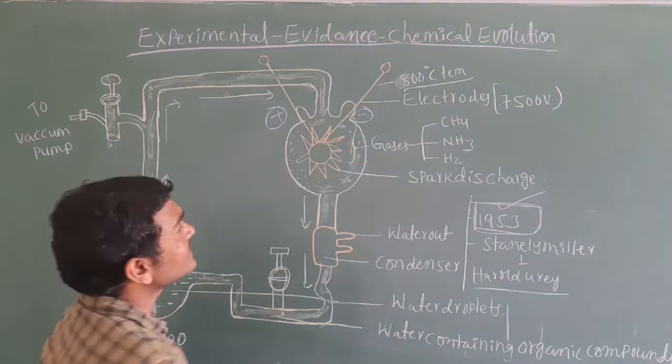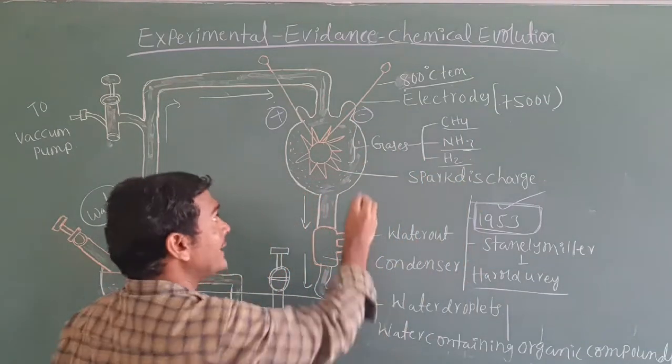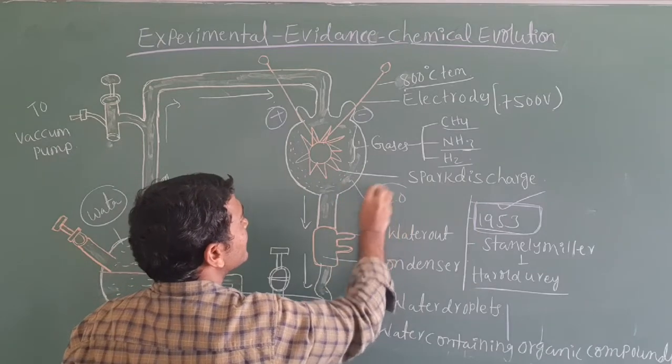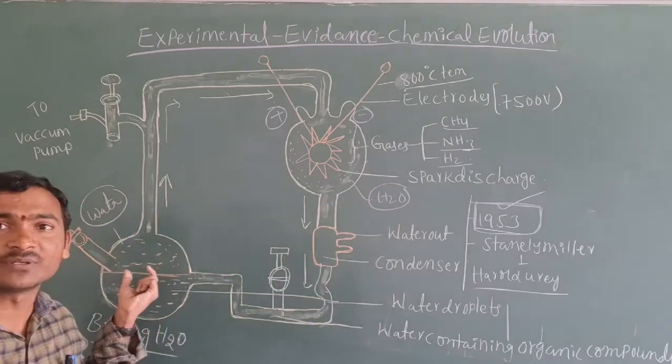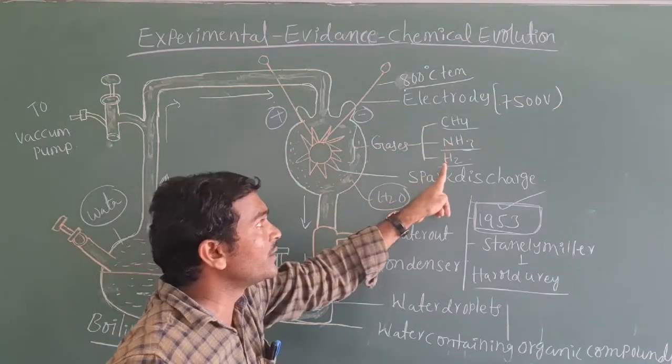What are the gases? Methane, ammonia, and hydrogen. Water is also there, but we don't consider it here because we took the water separately. So the three gases are methane, ammonia, and hydrogen.